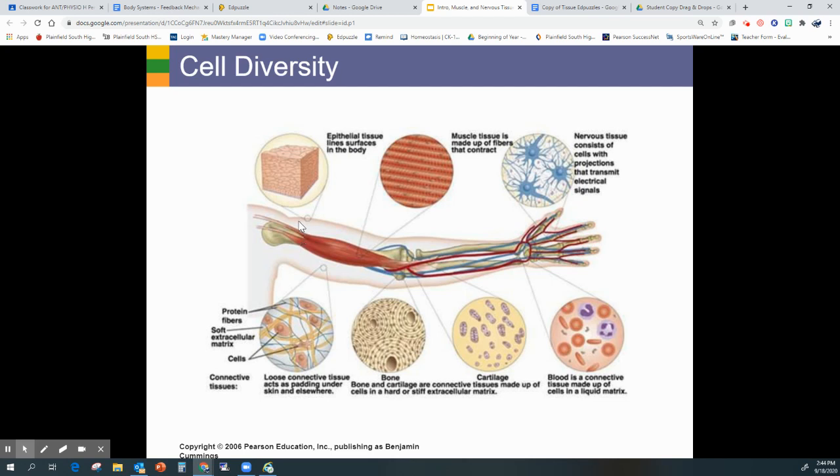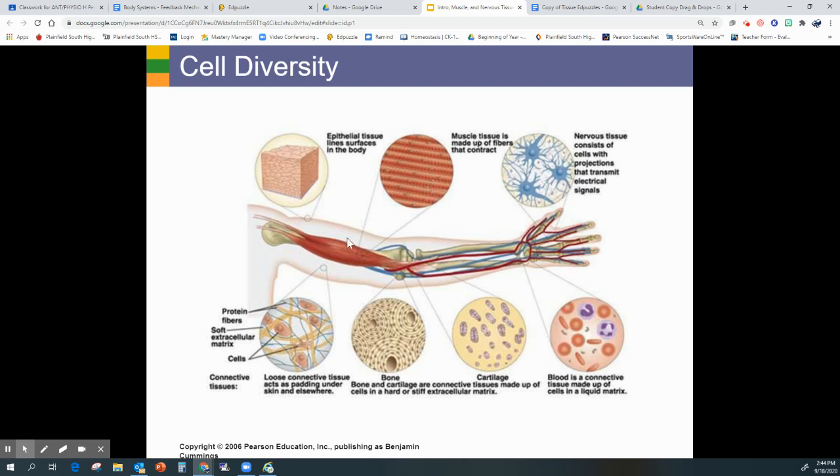This is essentially our skin. Our skin is mostly made of epithelial tissue. Epithelial tissue also lines a lot of our body cavities as well as surfaces. So if we have an internal or an external surface that is open, meaning that there isn't something directly connected to it, it's going to be lined with epithelial tissue. So the outer layers of your skin are all epithelial tissue, right?